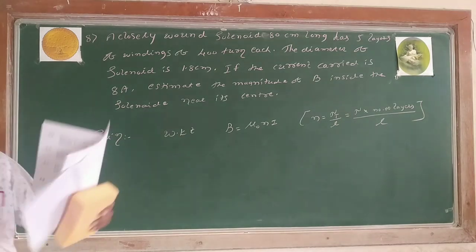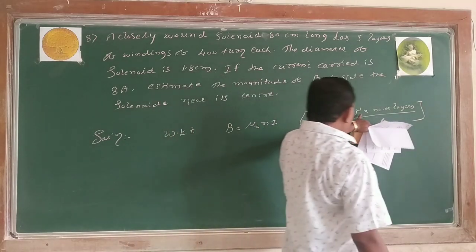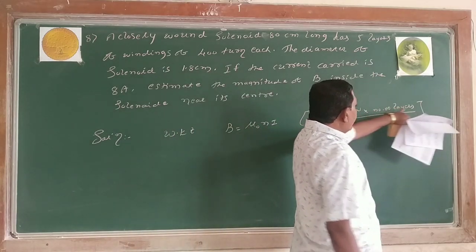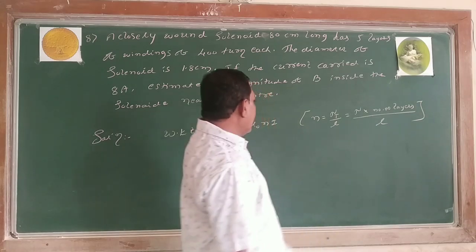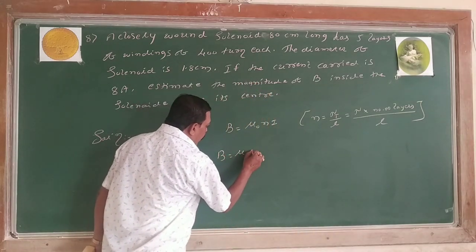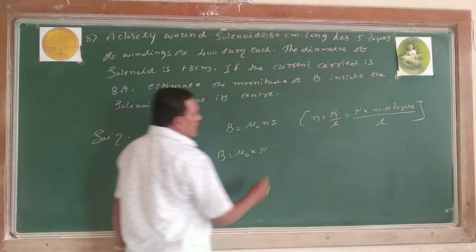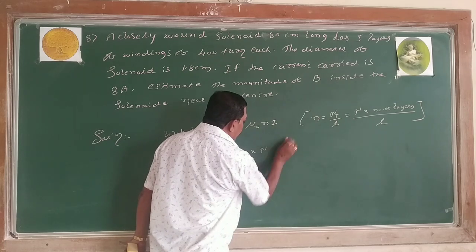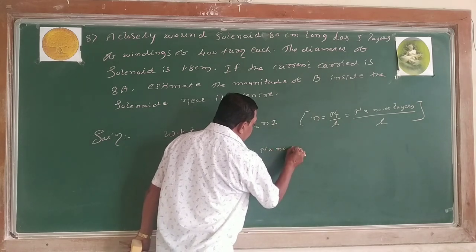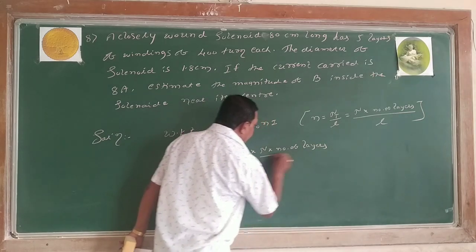Hence total number of turns equals number of turns into number of layers. Then shall I write here B equals mu naught, number of turns into number of layers, divided by L, into current.